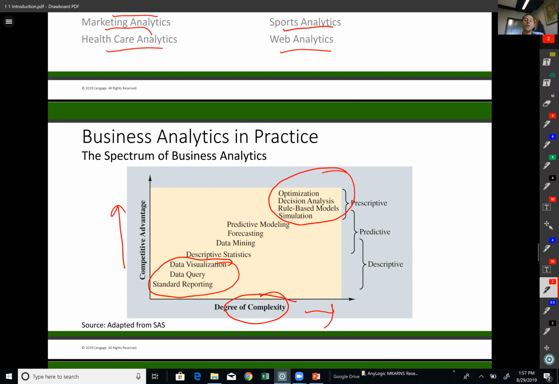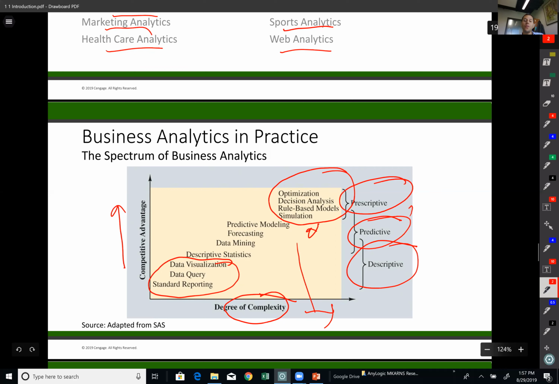So in this course also, I would like to start with descriptive analytics and standard reporting and data query visualization. Those are things where you look at historical data. I'm not saying they are super easy, but they are less sophisticated and less complex than high level optimization and decision making and simulation optimization problems. That's why this course is also grouped into 3 areas.